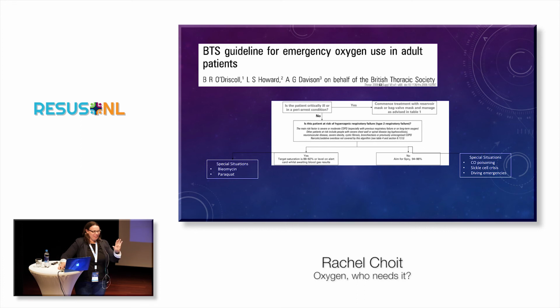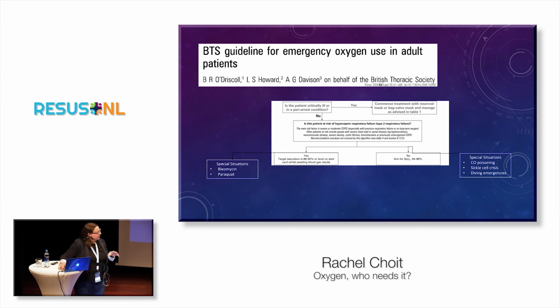If they're not, you can have a think about it. Are they at risk of hypercapnic respiratory failure? COPD, those typical patients we see; if so, you should probably aim for SATs of 88 to 92%. If they're not, again, no one needs SATs of 100. Titrating SATs of 94 to 98% is adequate.